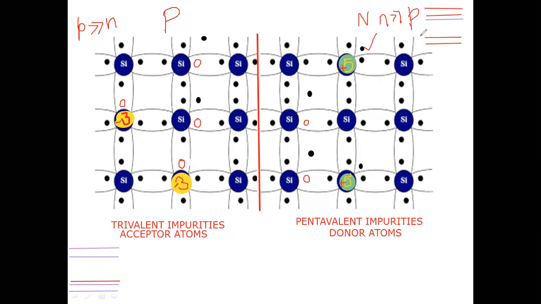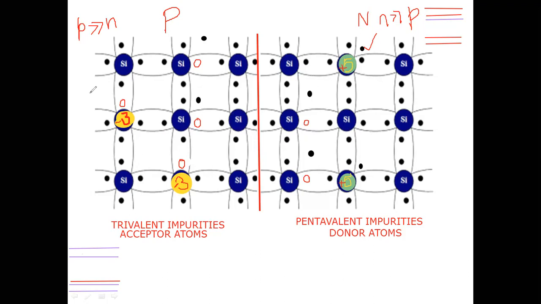So what will happen? These carriers will move from one side to the other by a process called diffusion. So what is diffusion? If the charge carriers move from high concentration area to low concentration area without applying any external energy, then it is called diffusion.